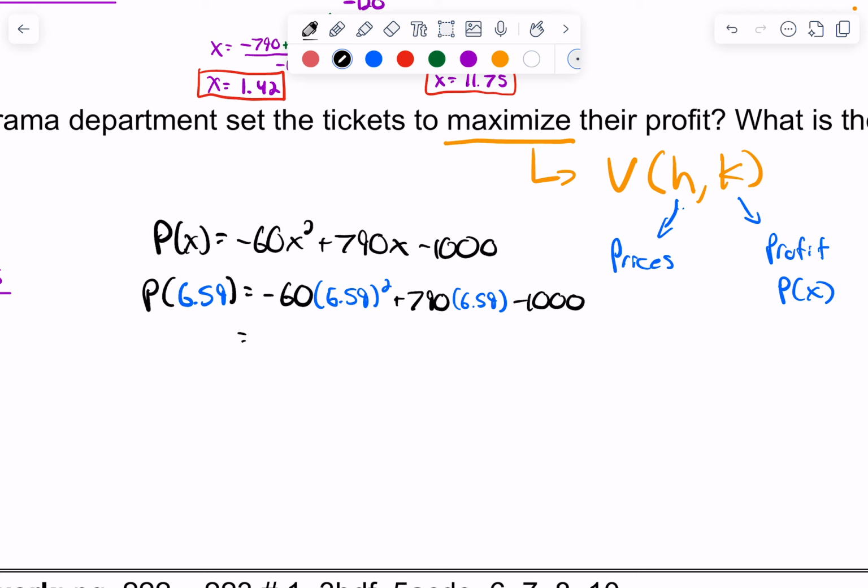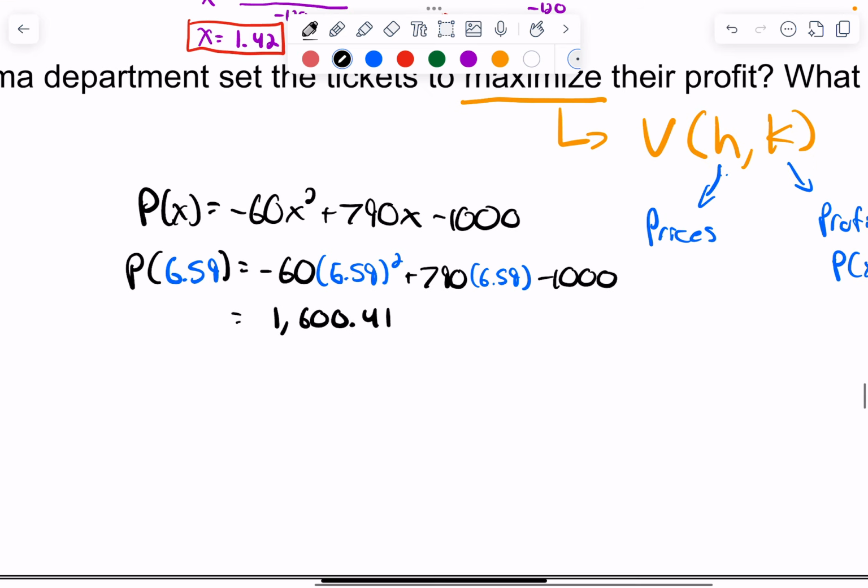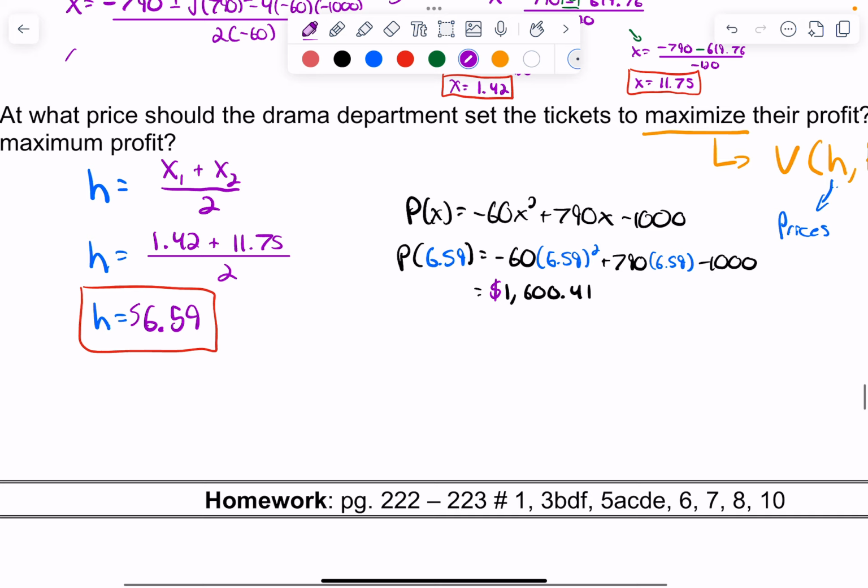So 6.59, square that, times that by negative 60. And my calculator is giving me an answer of 1,600.41. And again, that is profit, so this would have units of dollars, just like this would have units of dollars.